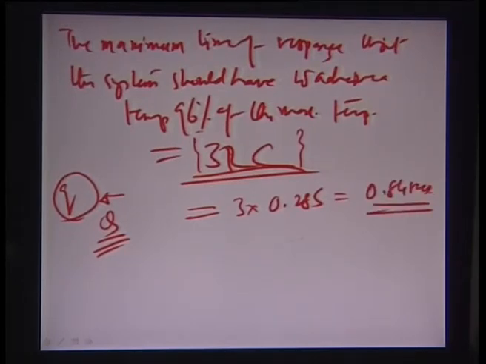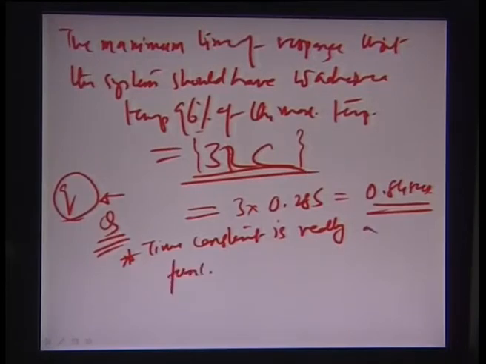So the take home message here is that the time constant is a function of reactor volume. If you can make the volume smaller and smaller, you could make the time constant smaller and smaller, and the volume in turn depends on the dimensions.